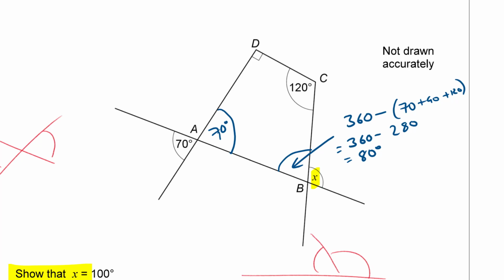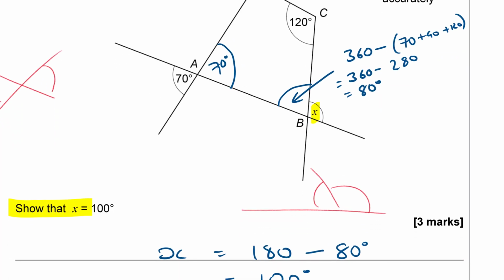I've shown on the diagram that my missing angle of the quadrilateral is 80. That's very nice and clear on the diagram how I've done it. And then finally I've shown that x and my 80 must be 180 degrees, making x 100. So I think that is more than sufficient at showing that that angle is 100 degrees.